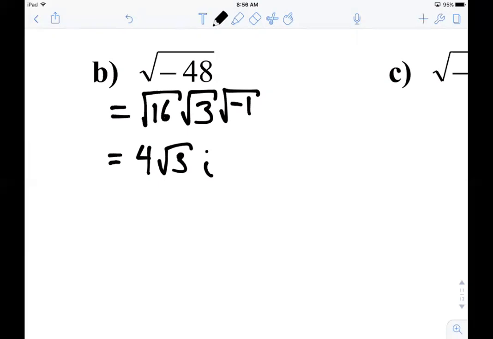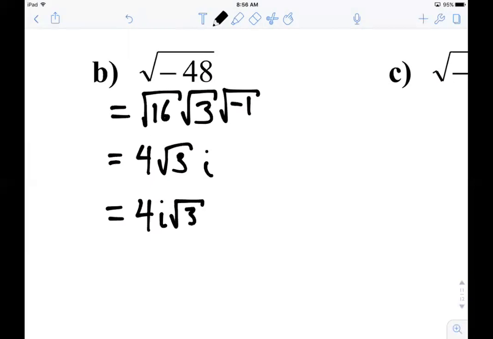Now, technically writing all of those and squishing them together would be correct, but just in terms of the conventions that we use in math, we always put the whole number or real number part first. So the 4 is definitely going to come first. And then we always tend to put the radical at the very end, which means I'm actually going to squish the i in between. So I'm going to actually just rewrite this as 4i root 3.